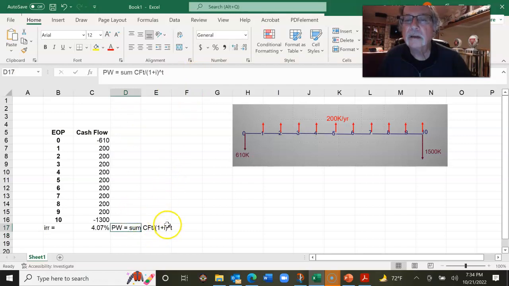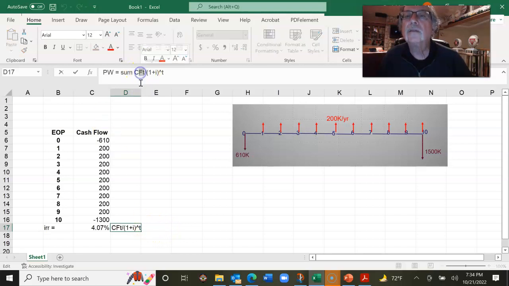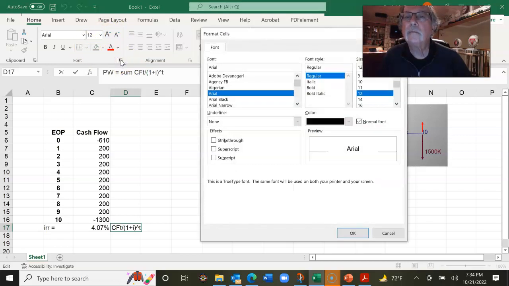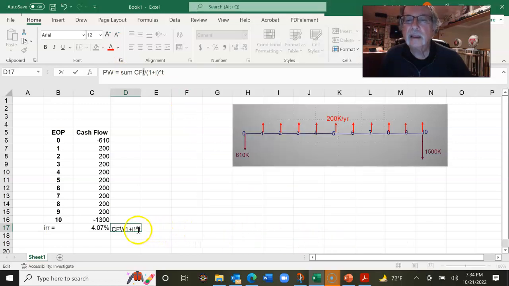I'm going to make this a superscript, and that a superscript.